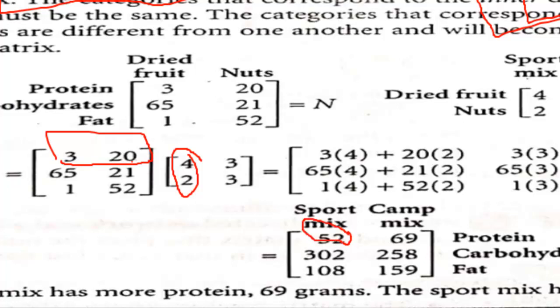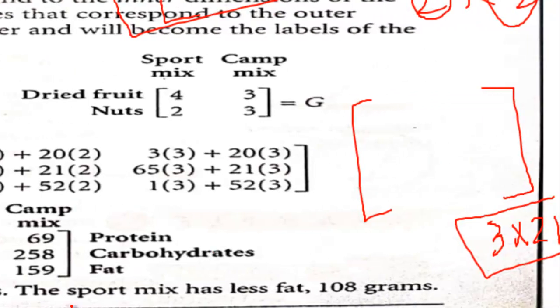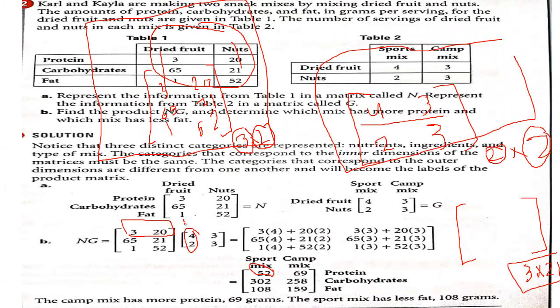We need to find a matrix whose size is 3 times 2. So 3 times 4 is 12, and 20 times 2 equals 40. So the answer is going to be 52.